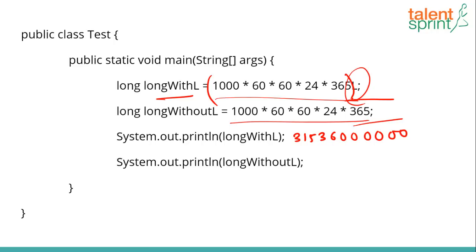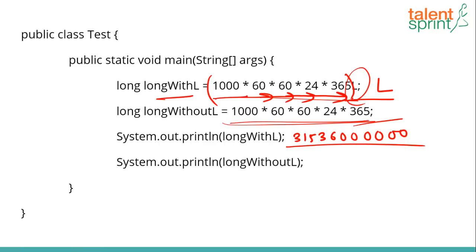So the purpose of L simply here is that it explicitly says that it is a long beforehand, before you start doing the multiplication, so that as soon as your multiplication keeps increasing and your data keeps growing out, it knows that it is a large number, so it keeps it intact without truncating it.